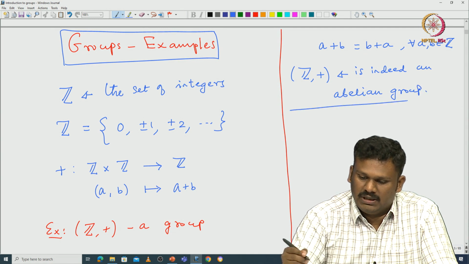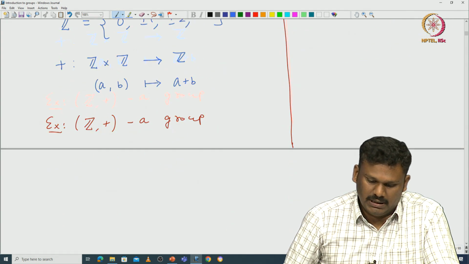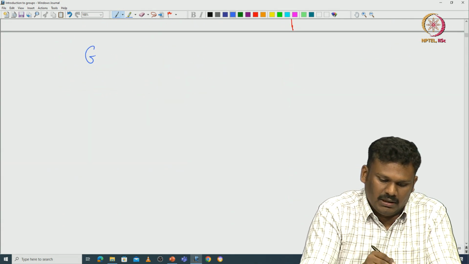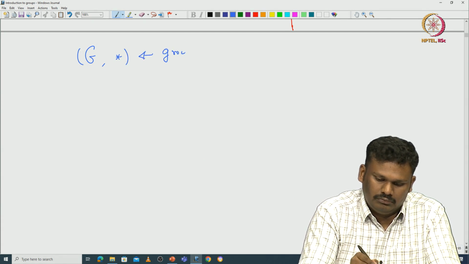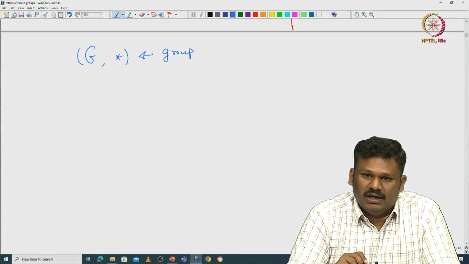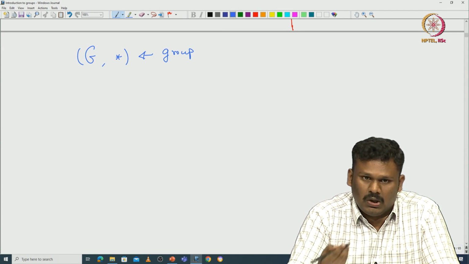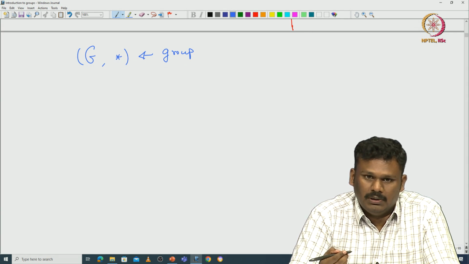So in general, what is an abelian group? Let me just write it down. You take (G, *), which is a group. Most of the time we actually suppress the notation star, so it is understood that whenever we talk about a group, there is a binary operation behind it. So instead of saying (G, *) is a group, we simply say that G is a group.